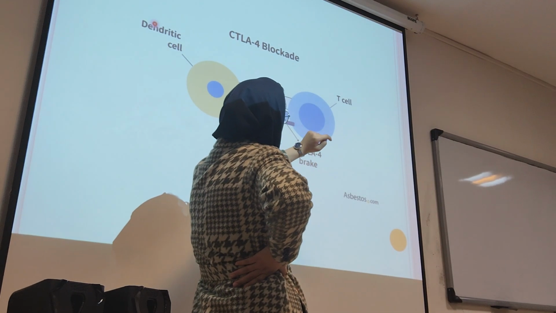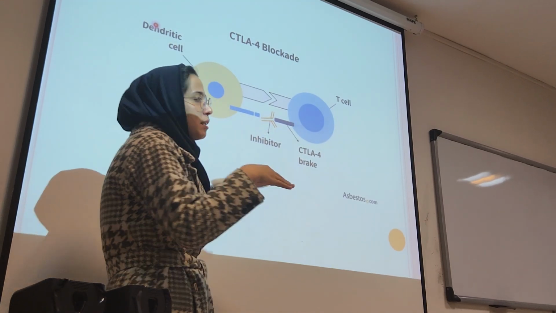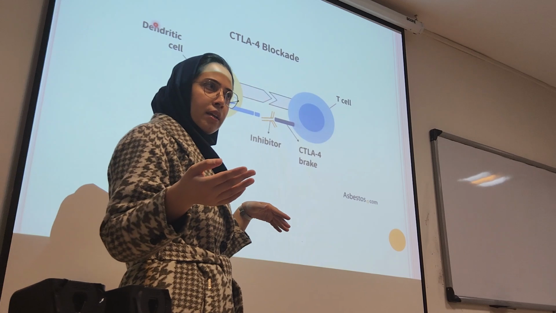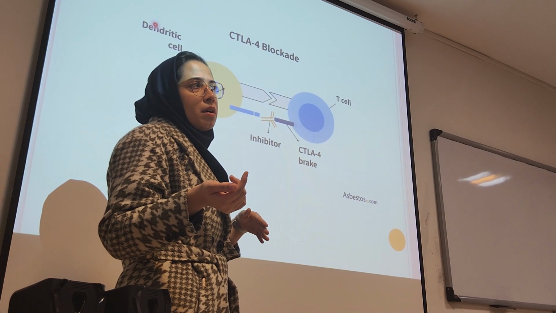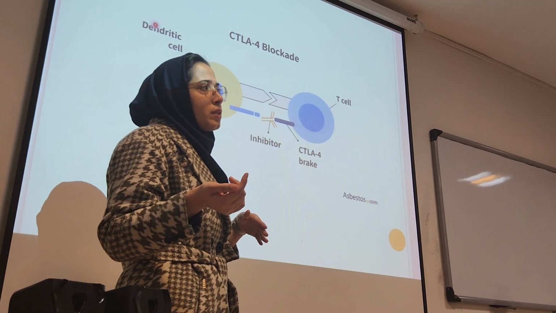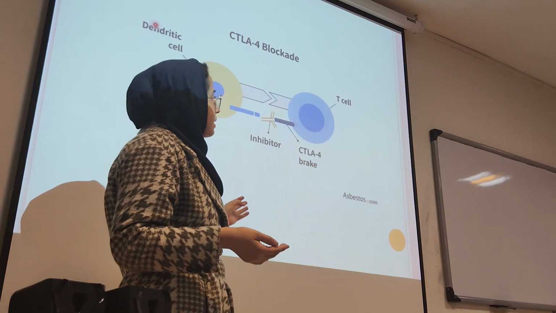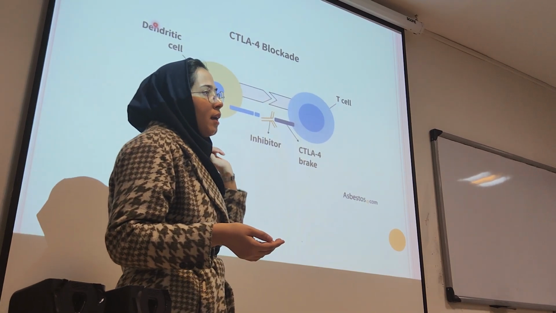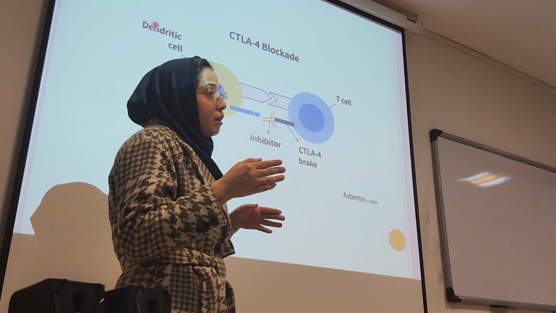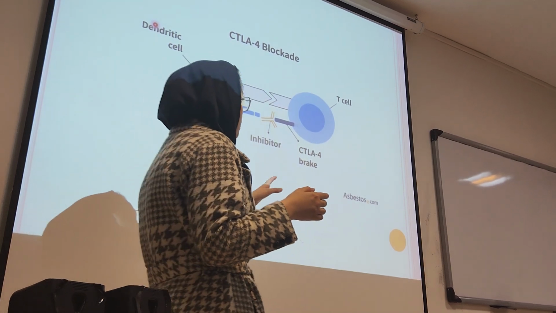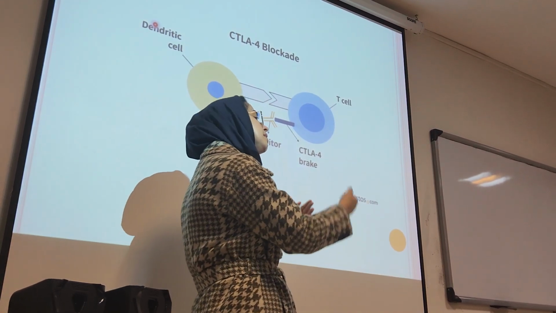Here again, you see we have CTLA4 on the surface of the T cell, and it has an inhibitory function. In tumors, we have medications that block CTLA4, because by presentation of CTLA4 the tumor escapes.